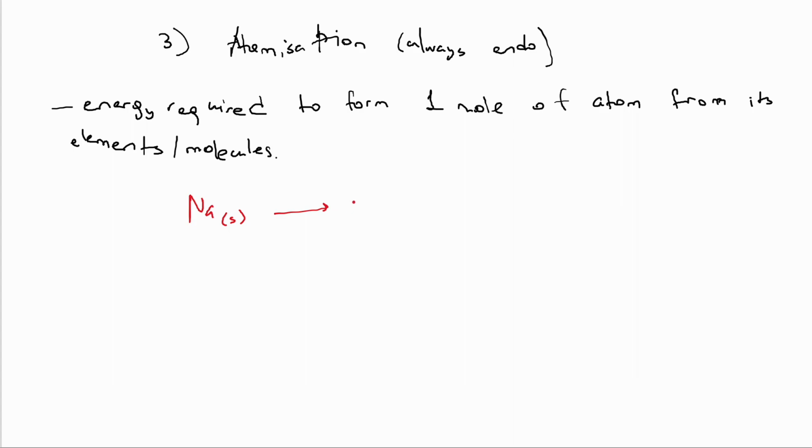When we heat this solid sodium, we get gaseous sodium. Another case, we have the chlorine molecule, which is gas. We get chlorine atoms. By definition, we must form 1 mole of atoms. So as we have a chlorine molecule on the left side, we need to put 1 divided by 2 to balance this reaction. So this is the enthalpy change of atomization.